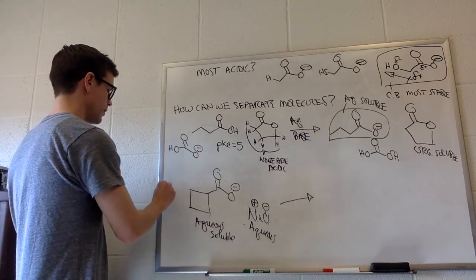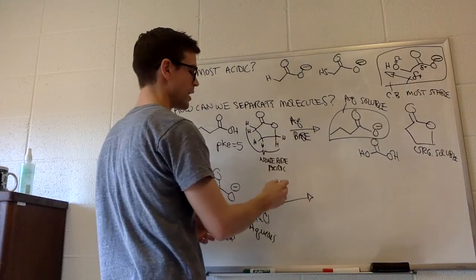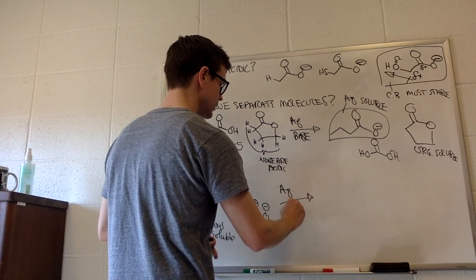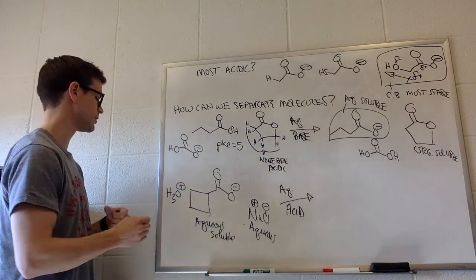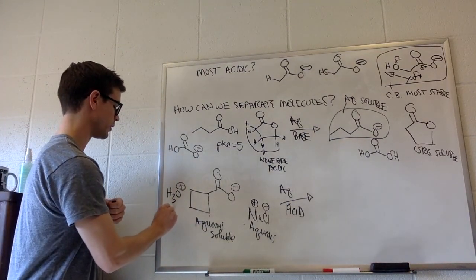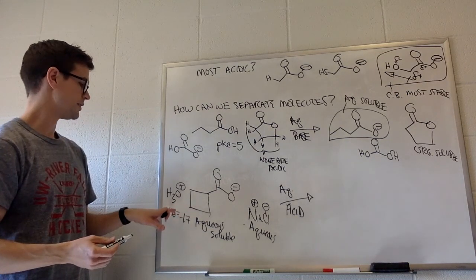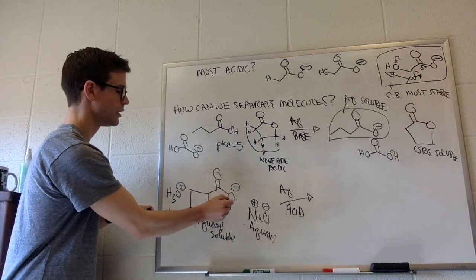So if we have aqueous acid, so in the case above we added aqueous base, this time we're going to add aqueous acid. And what is aqueous acid? Aqueous acid is H3O+. The pKa of that is one that we learned before. It's negative 1.7. This is going to donate a proton to this oxygen.